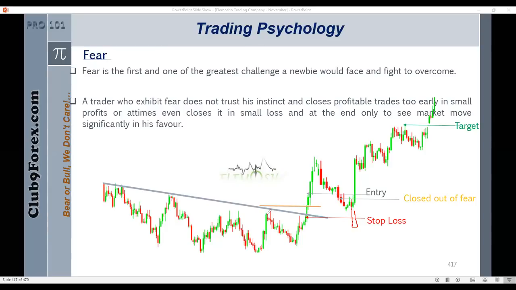So price has not even gotten to the territory of wave 1 to either break it or reject it, and you are closing it out of fear. Which is why it's important that you focus more on the structure and the invalidation area, and don't close your trades out of fear.